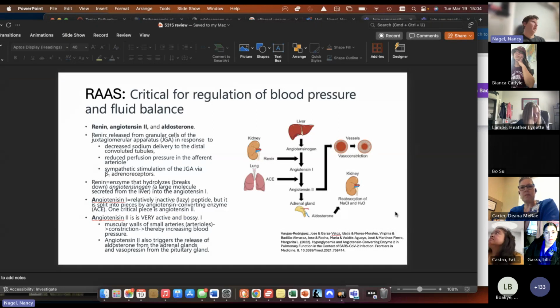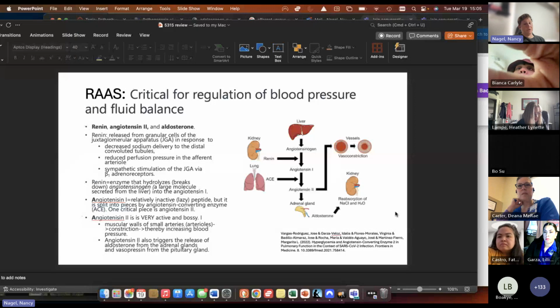Or there's a sympathetic stimulation saying, hey, I need to have more blood pressure for this particular situation. Renin itself is an enzyme, and its only job is to take angiotensinogen and break it into a different molecule. That's all it does, and then it steps out of the game.